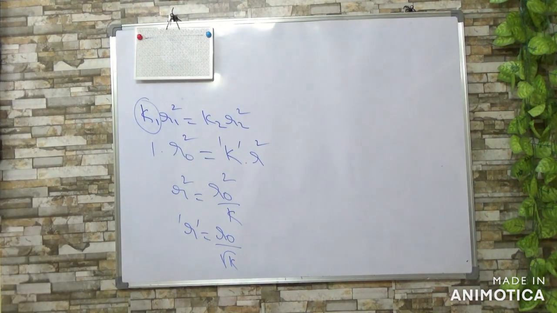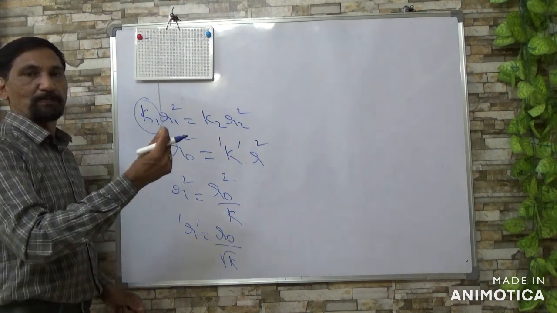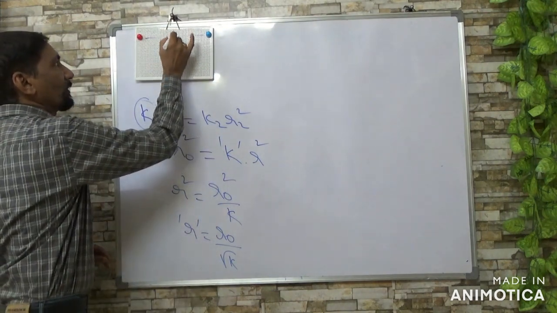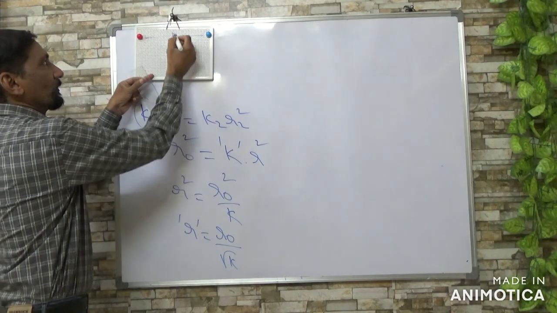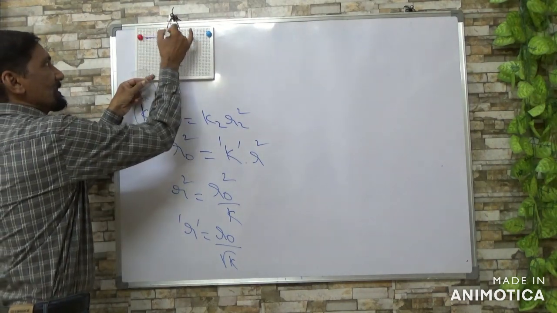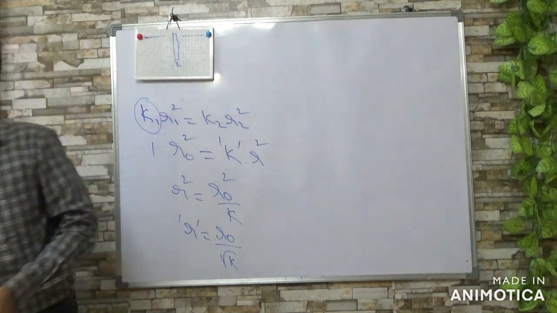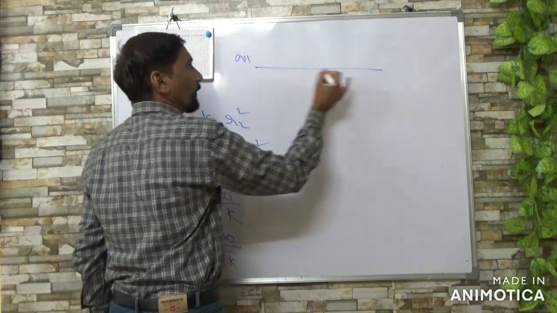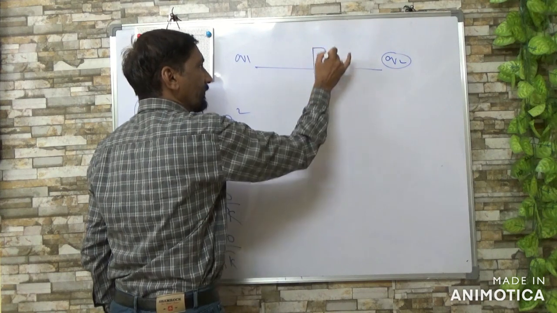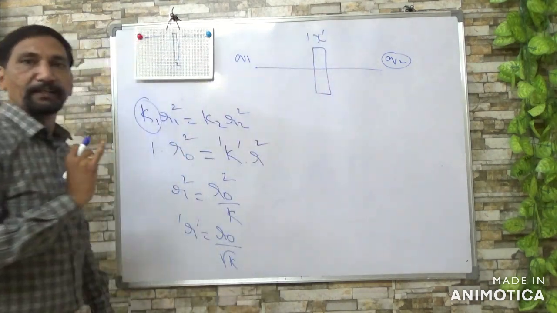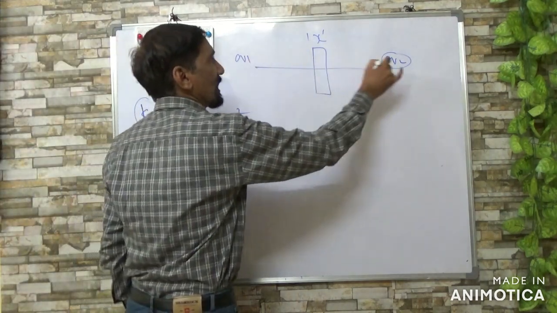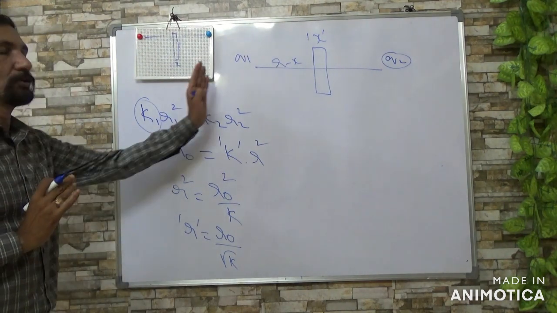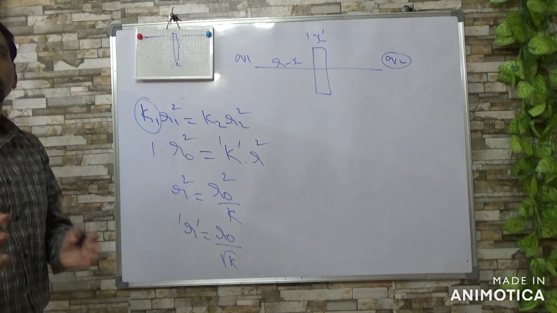Suppose you are given a problem. There is one glass plate of thickness X. You have taken one glass plate of thickness X. The separation between the charges Q1 and Q2 is R, so the remaining distance is R minus X. Now you want to know the force between them. So first you have to know the effective distance.